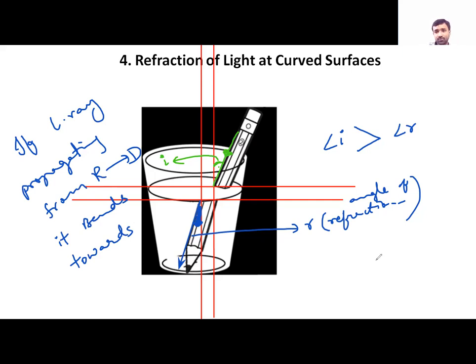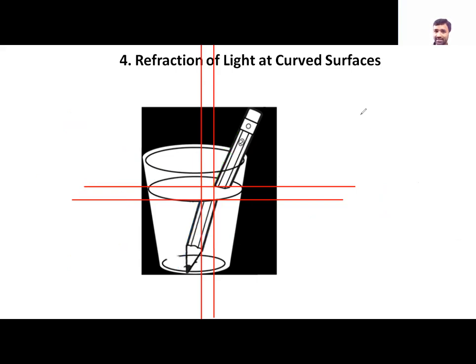Denser to rarer. What can you generalize? In which direction does it bend? Away from the normal. If you know this point, it is easy to understand this complete chapter. Bending towards the normal, bending away from the normal, but in which case, you need to keep in your mind. Is it clear, everyone?